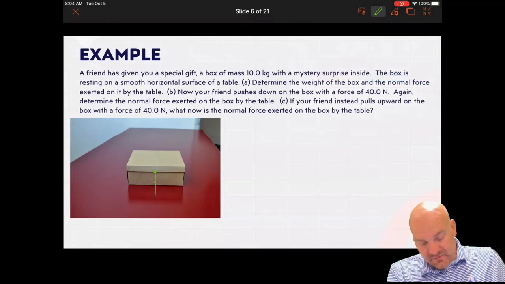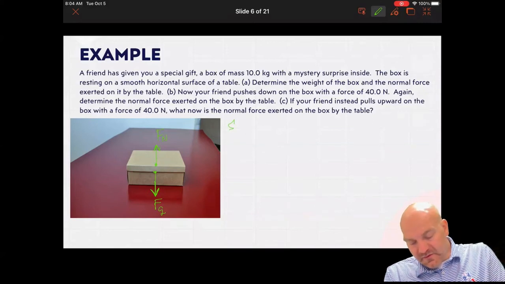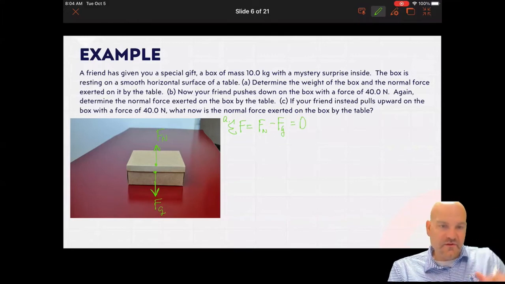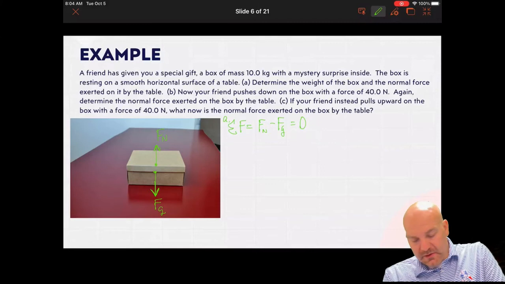Again, there are two basic forces. For the first situation, you have the weight down and the normal force up. If I do the vector sum, I get Fn minus Fg, and I set that equal to 0 because there's no acceleration. The book is just sitting here.